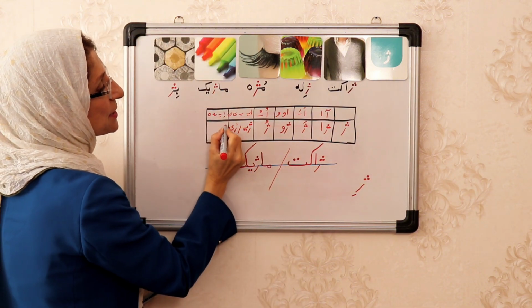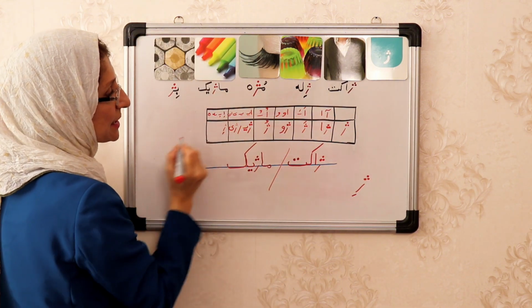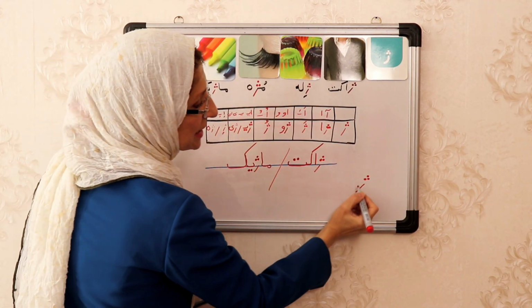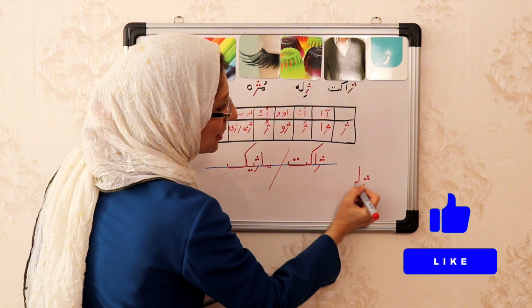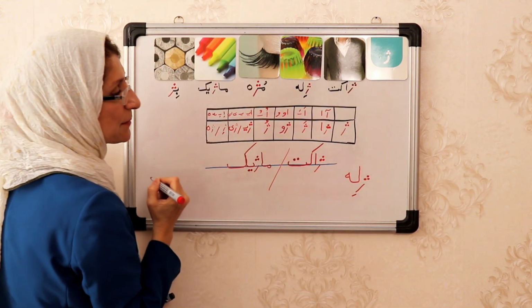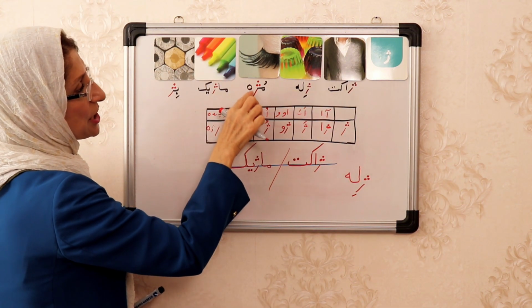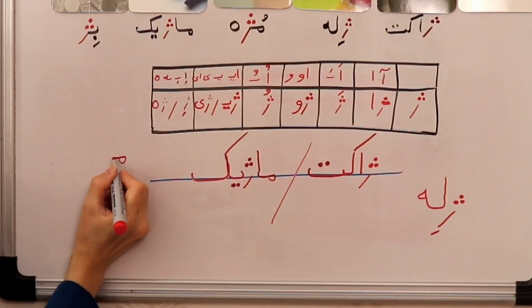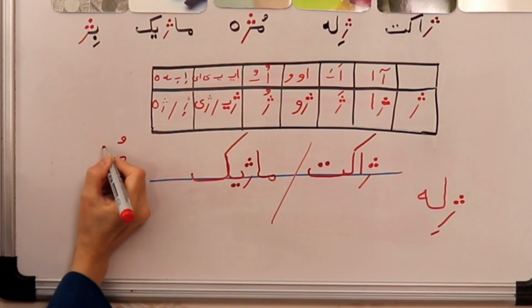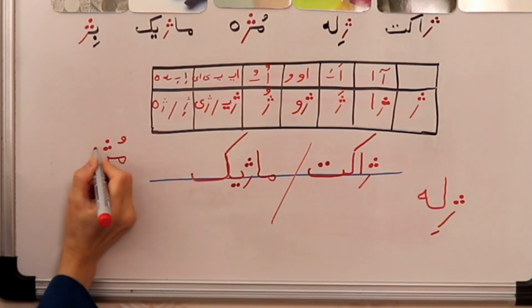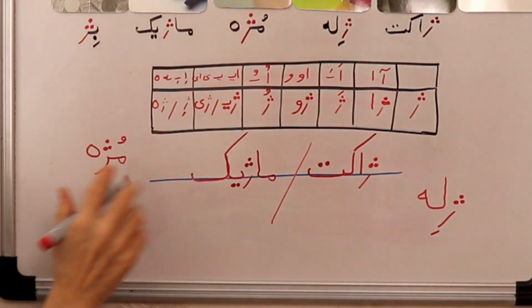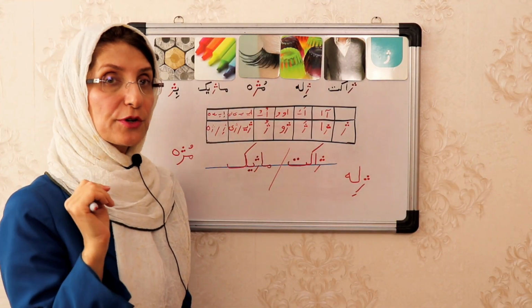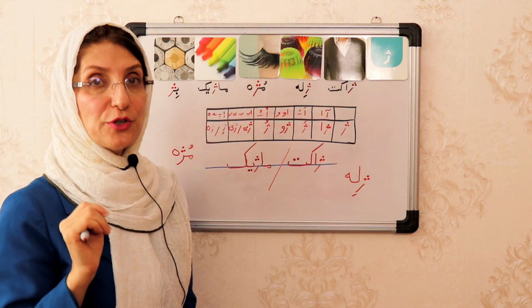Je can make friendship only with this E, and je at the end, like gelé, and je with this E, like I write it here, the word moje. Moje. Gelé and moje. And now, bring your Persian notebook to give you your homework.